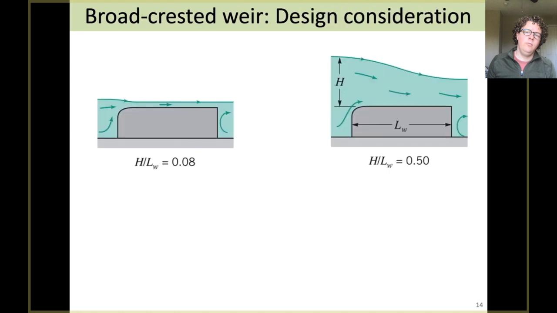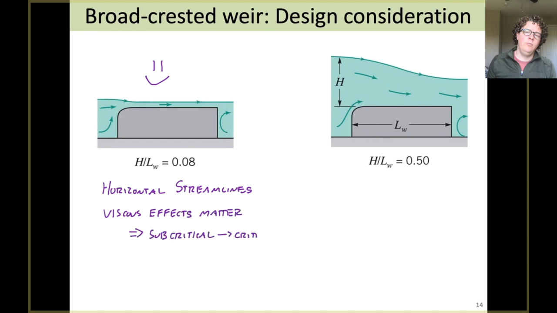Okay. One last item is just thinking about how this actually functions and what the assumptions are that we're making. So on the left-hand side, when we have a ratio of height of water over the weir, capital H, to length of weir, LW, of less than or equal to 0.08, this makes me a happy man.